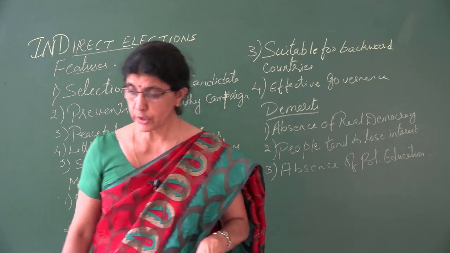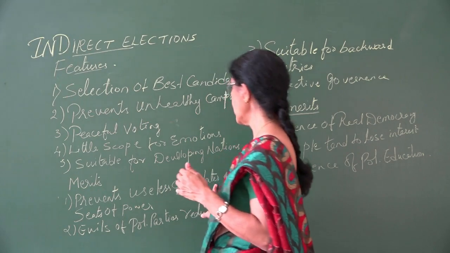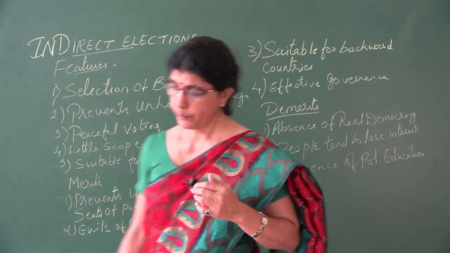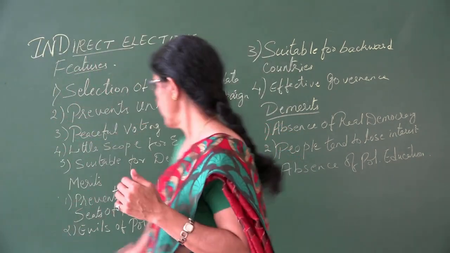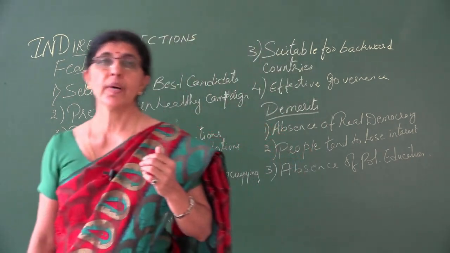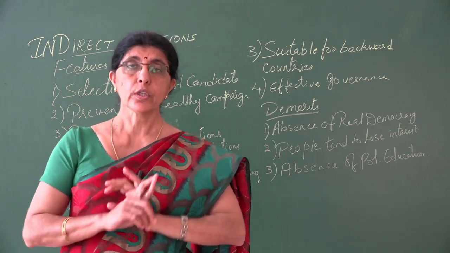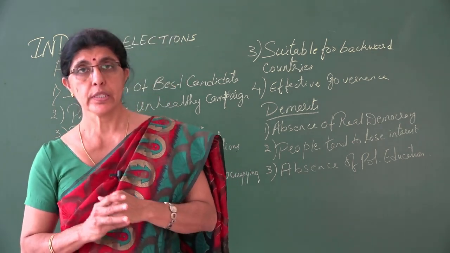There is no question of any drawbacks even if there is universal adult franchise. Next, evils of political parties are reduced. Every political party, while going for campaign just before elections, talks ill of the other political parties.